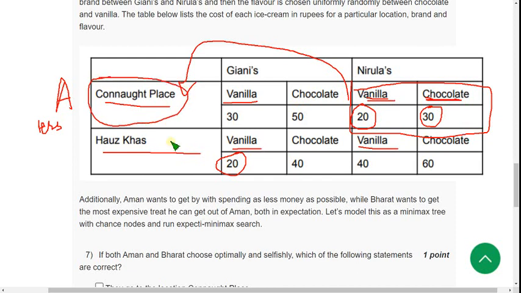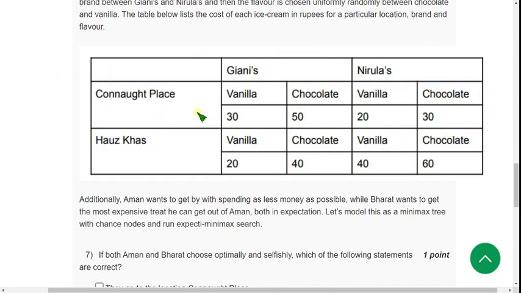And next it is Bharat's turn to choose which brand. They go to Connaught Place and compare Gyani's and Nirula's in Connaught Place only. So only compare these two boxes.